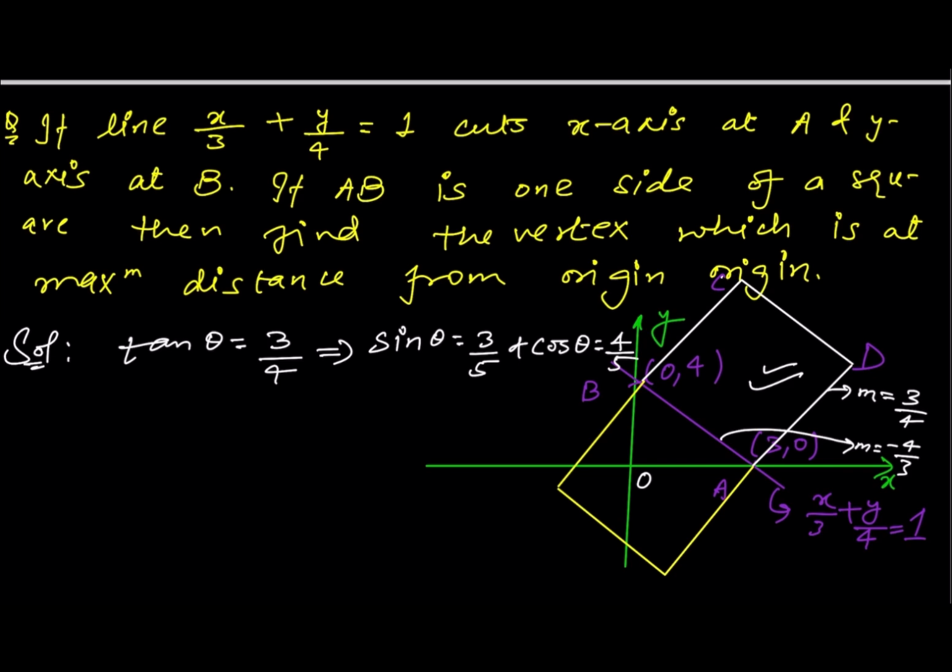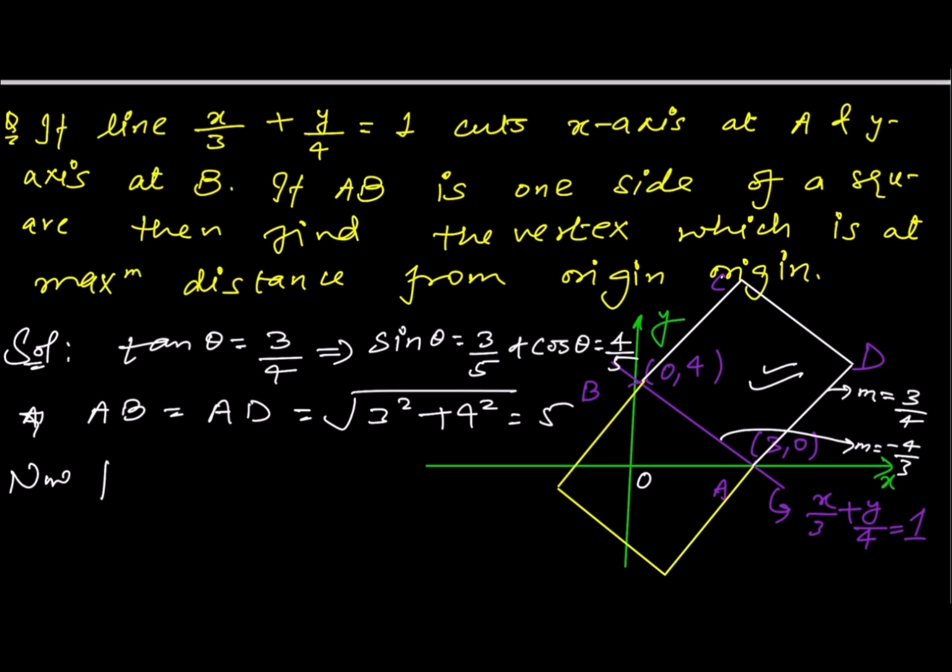Also AB is equal to AD, which is root over 3 square plus 4 square, which is 5. So now you have r also.